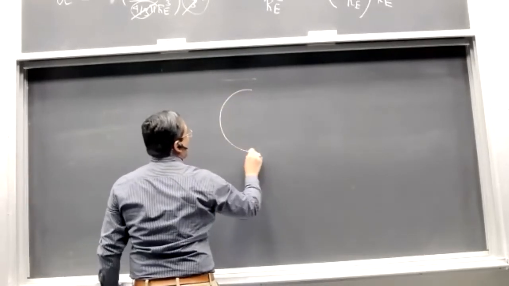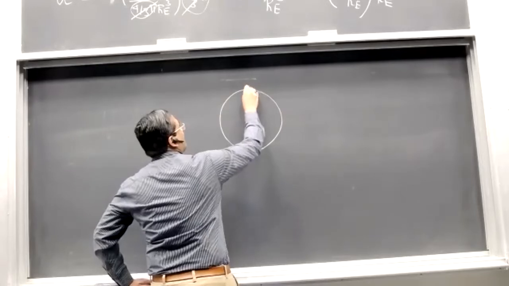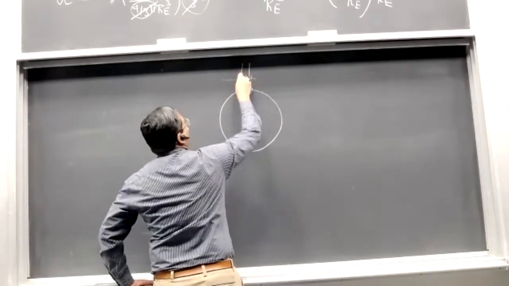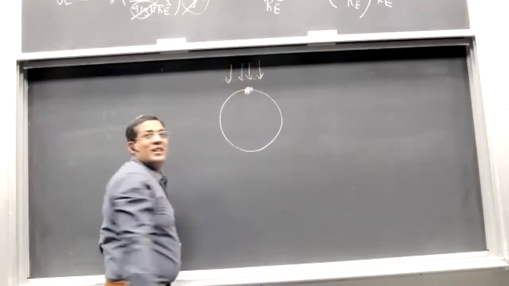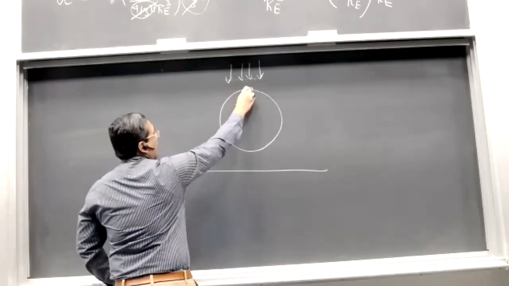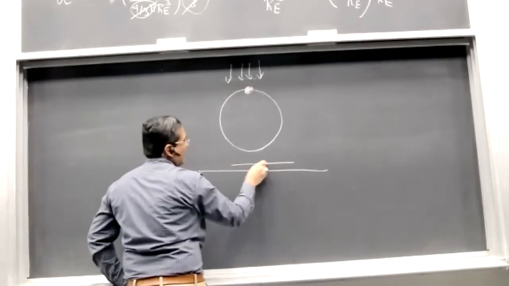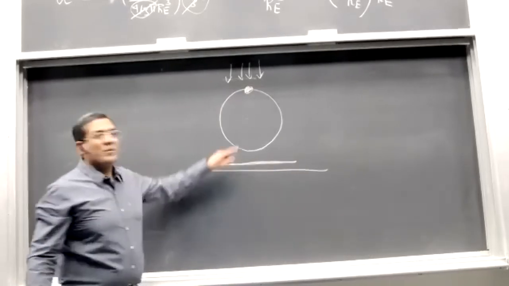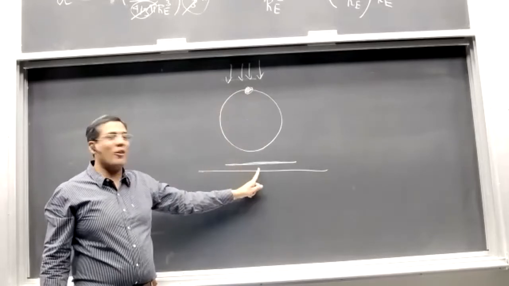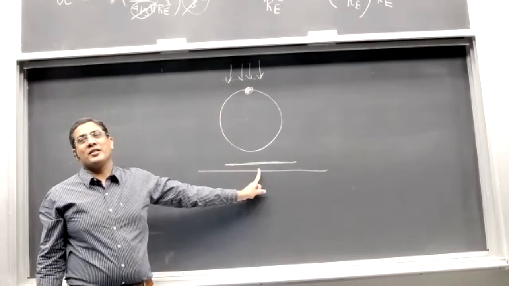If you have an object going on a circle, and if you shine light from up here vertically and see on the ground the shadow of this object, if an object is moving with a constant angular speed in a circle, its shadow on the x-axis would execute simple harmonic motion.